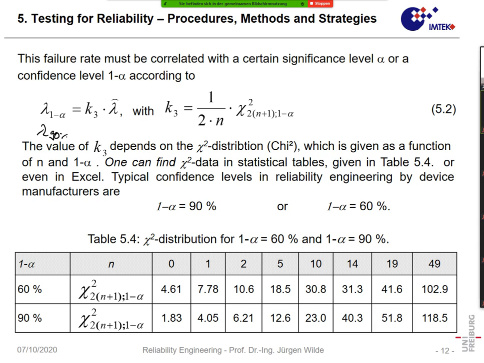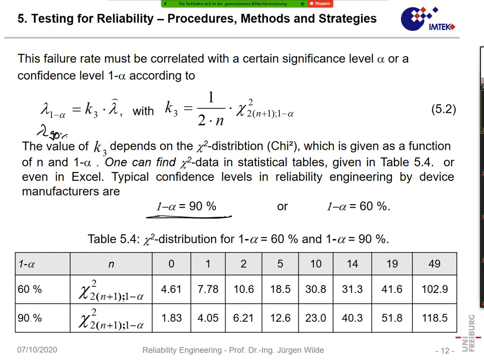For instance, when alpha is 10%, then 1 minus alpha is 90%. That is the so-called confidence level, 1 minus alpha, which is 90%, while on the other hand, the significance level is the complementary 10%.